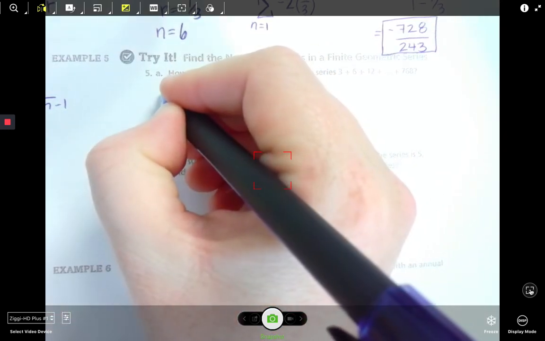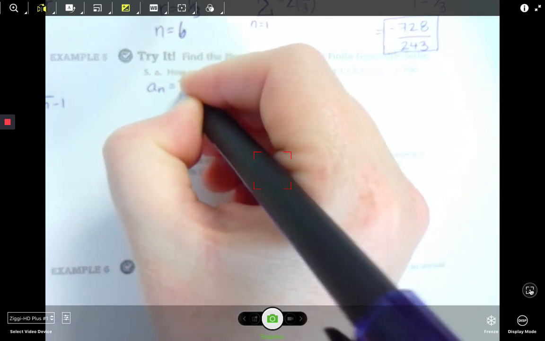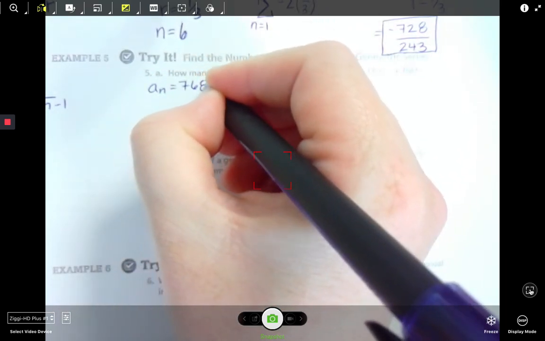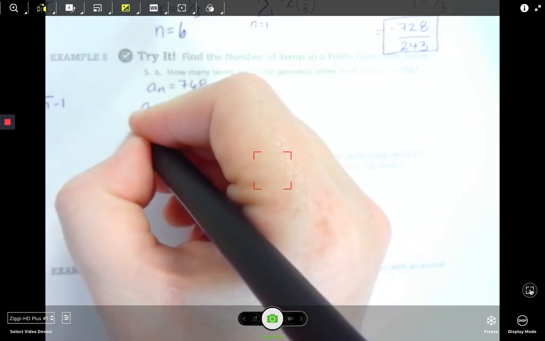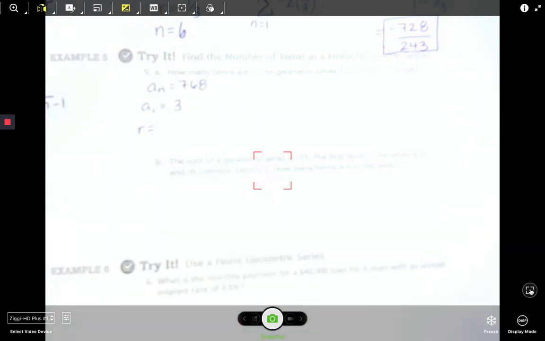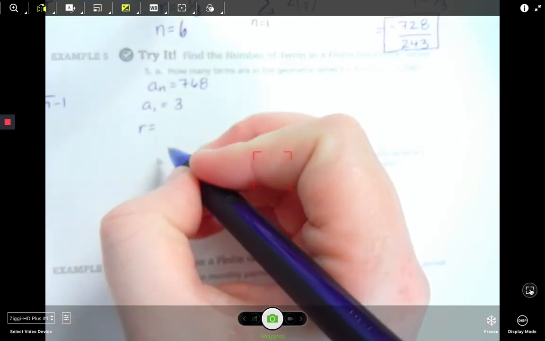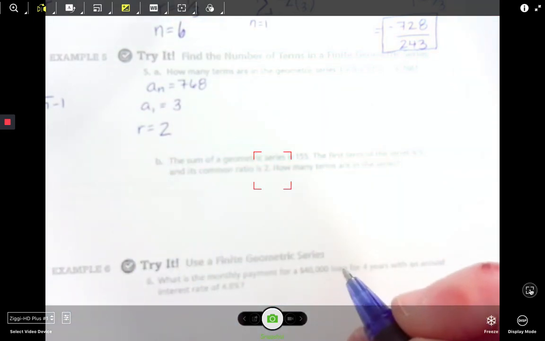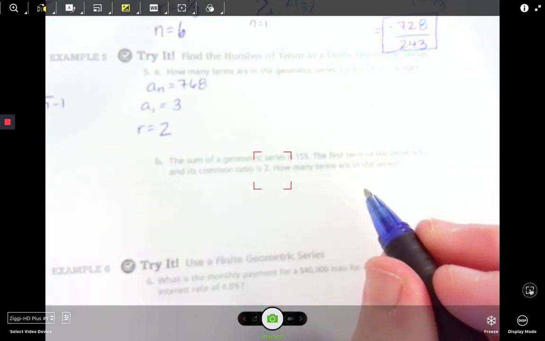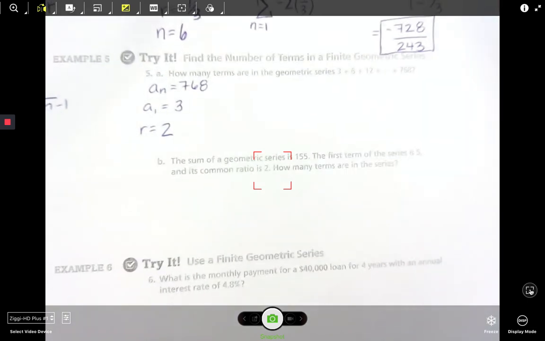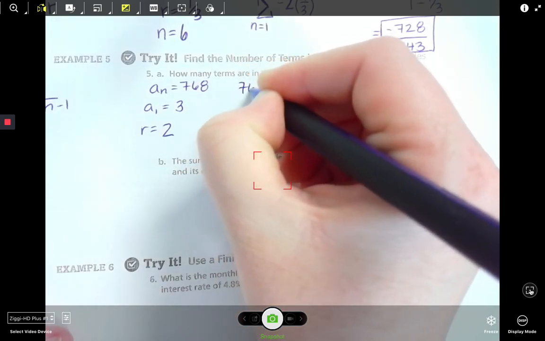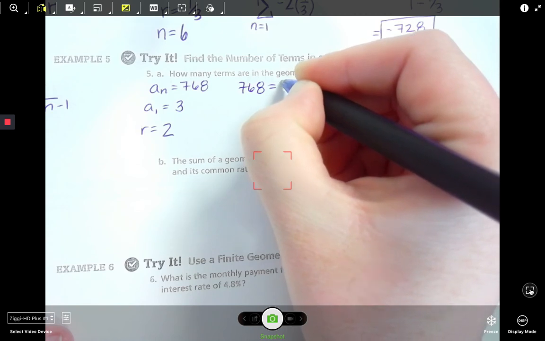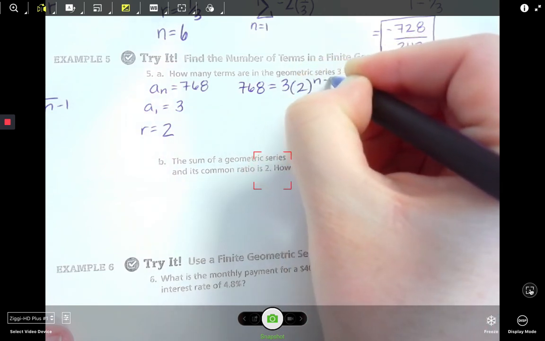So I know that a sub n equals 768, a sub 1 equals 3, and r is equal to 6 divided by 3, which is 2. This is exactly what I needed in that last one. So I've got 768 is equal to 3 times 2 raised to the n minus 1.